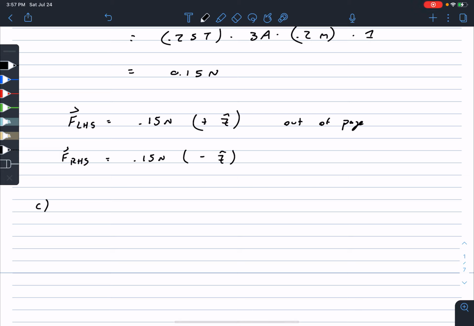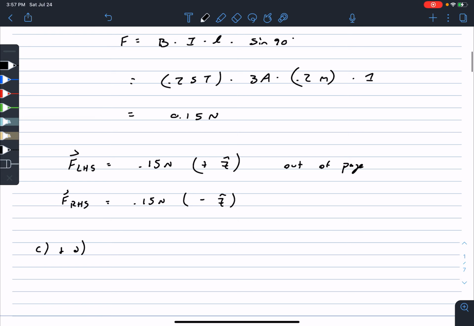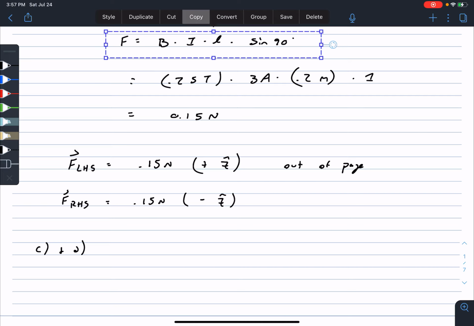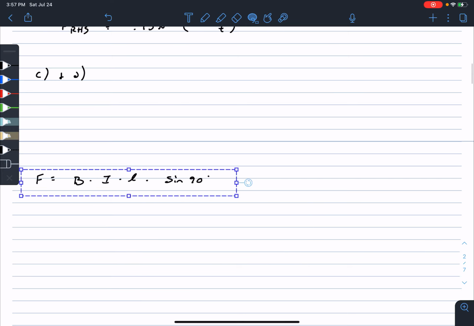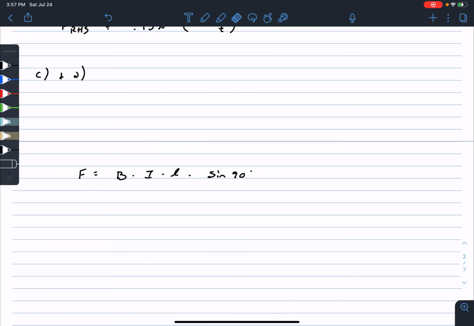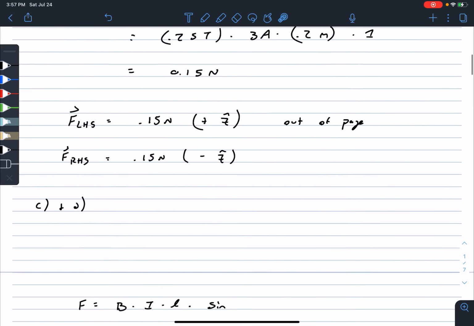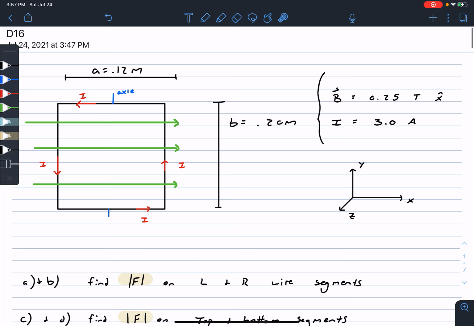So now we want to go to parts C and D, where we're asked to find the force on the top and bottom segments. So for this one, we take the same stuff, but let's make sure our angle is correct. Here we want sine of the angle between the magnetic field vector and the current vector.